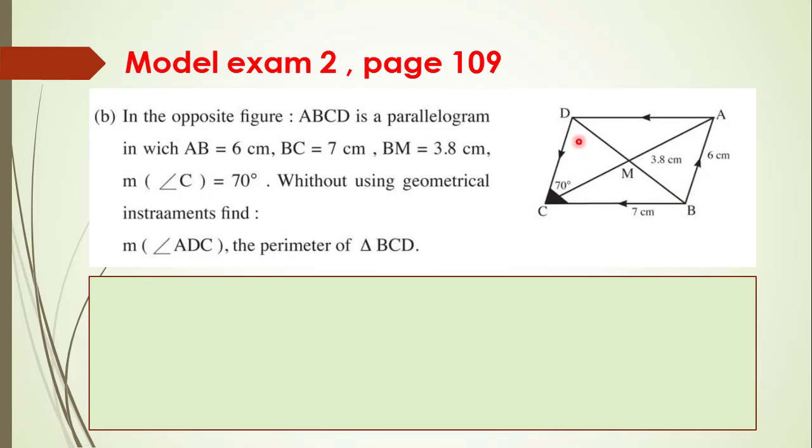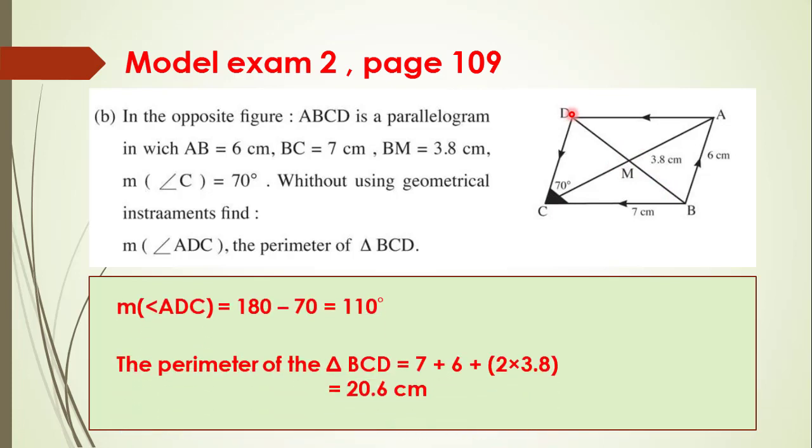We said in a parallelogram the two diagonals bisect each other. So here we have 3.8. Also MD will be 3.8. So to calculate the perimeter, we will add 7 plus 6 plus 2 times 3.8, which is DB. The result will be 20.6 centimeters.